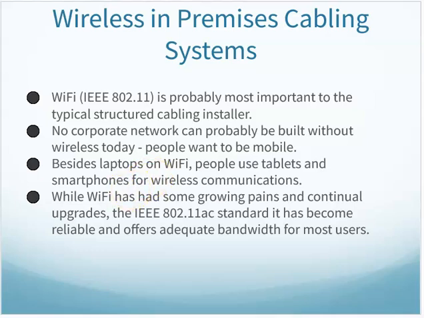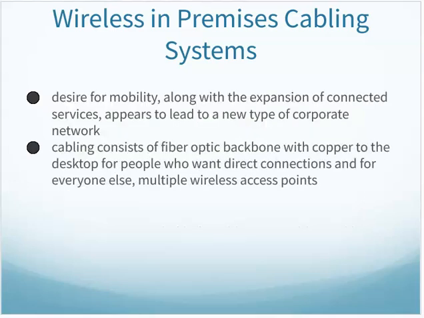Over the years, the upgrades to wireless have had their issues. Most wireless now is fairly reliable and is able to provide adequate bandwidth. For a while, wireless was not very reliable and the bandwidth was kind of meh, but it has increased over time. Mobility is what's driving a lot of corporations and businesses and networks to have a robust wireless.